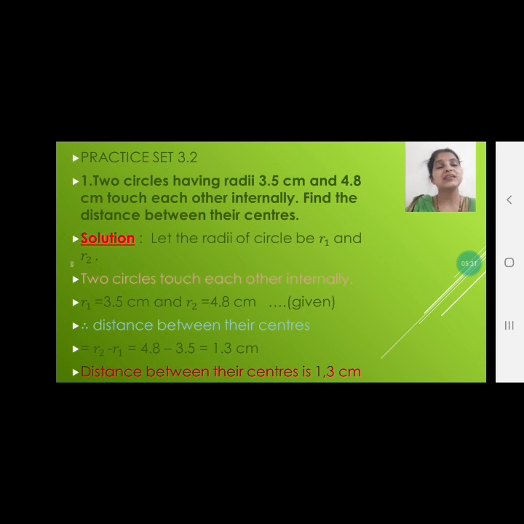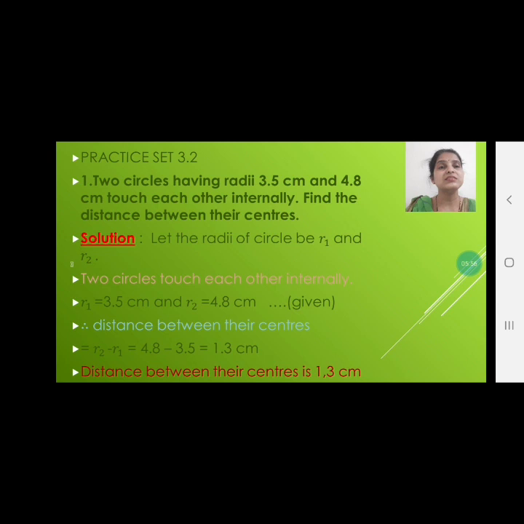When the circles are touching internally, the centers are on the same side of the common point, and to find the distance between their centers, we subtract. Externally, add. Internally, subtract. So, here we begin.